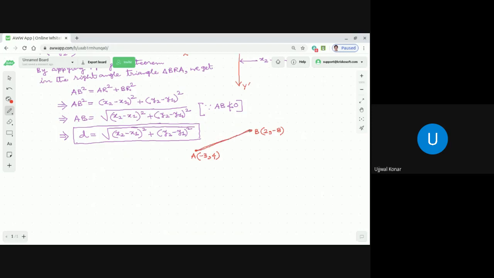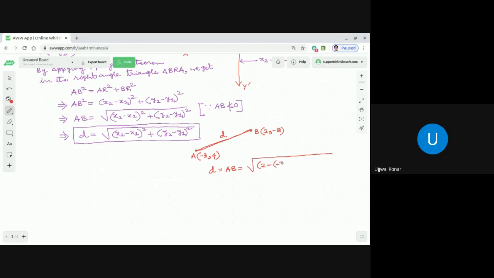To find the distance between them, if D is the distance, that is D is equal to AB, how to find it out, dear students? D is equal to AB, that is equal to square root of the difference of the x coordinates. So x coordinate of the point B, that is 2, minus x coordinate of the point A, that is -3.